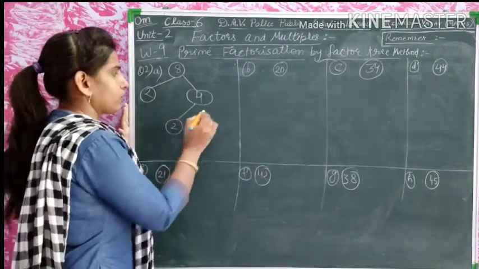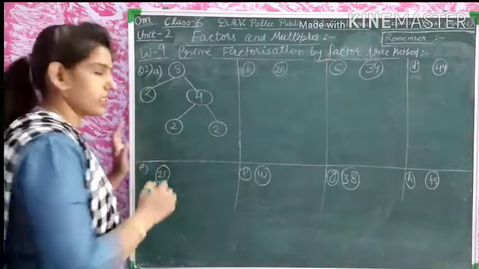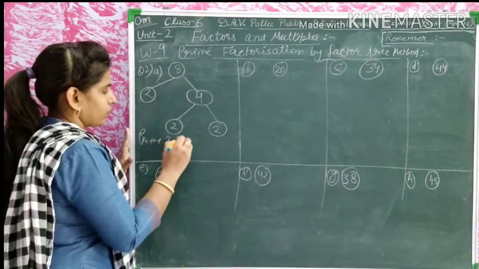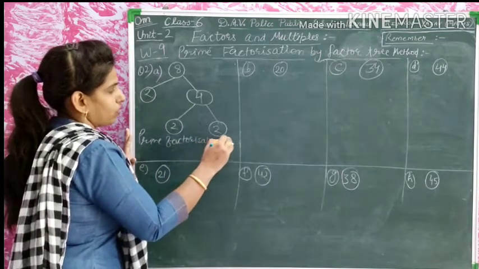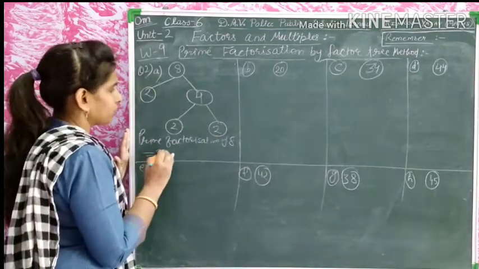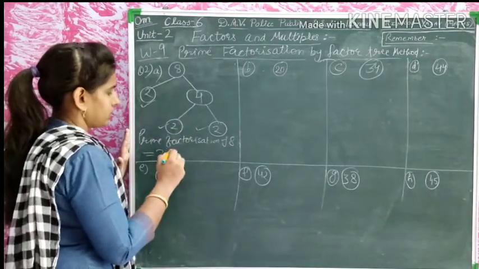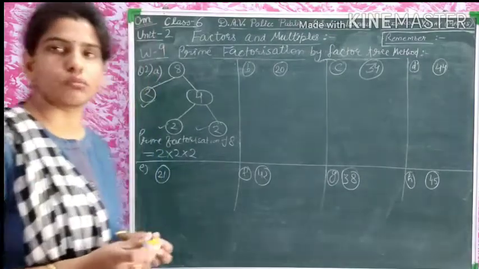After dividing it by 2, we get the quotient 2 here. These are the prime factors. It means prime factorization of 8 is equal to 2 into 2 into 2. These are the prime factors of this number.